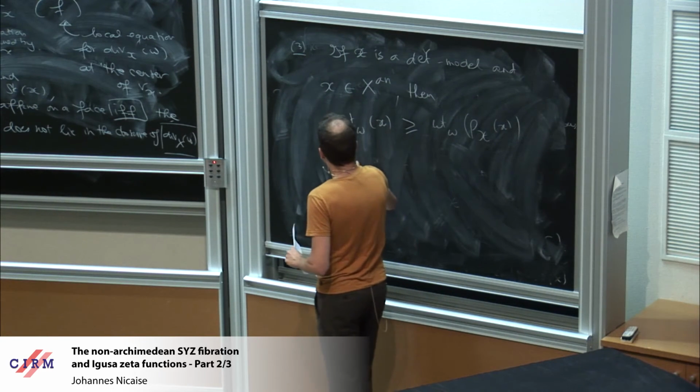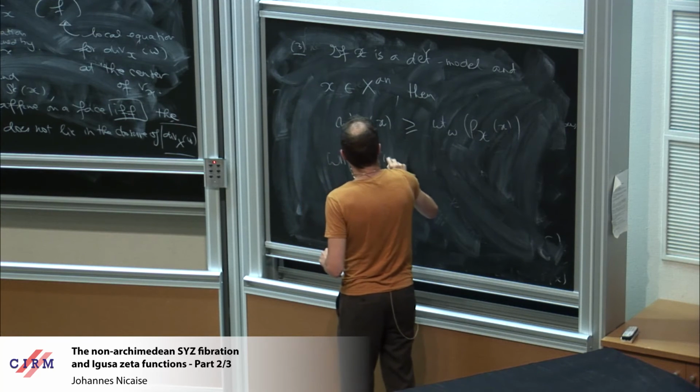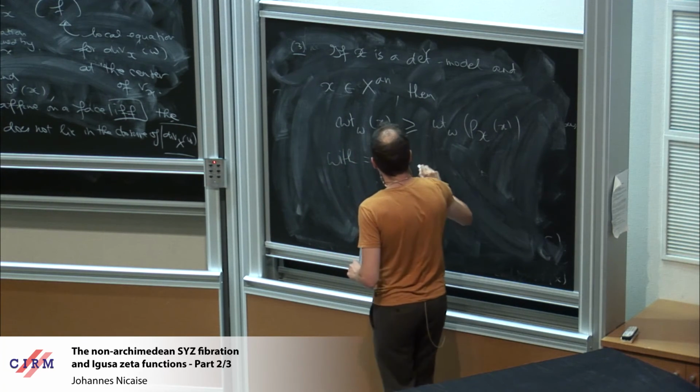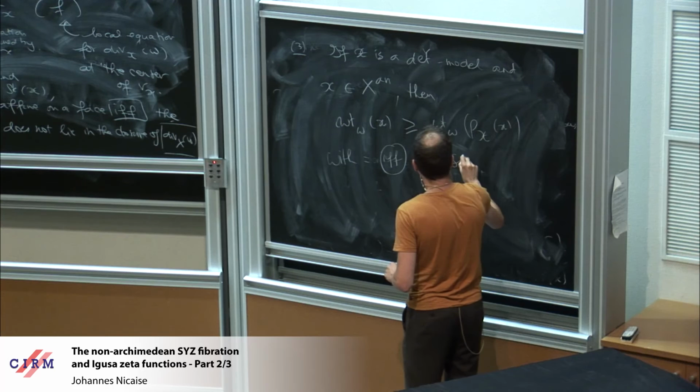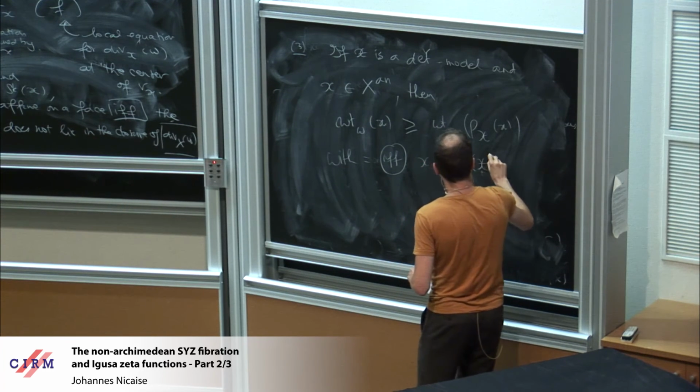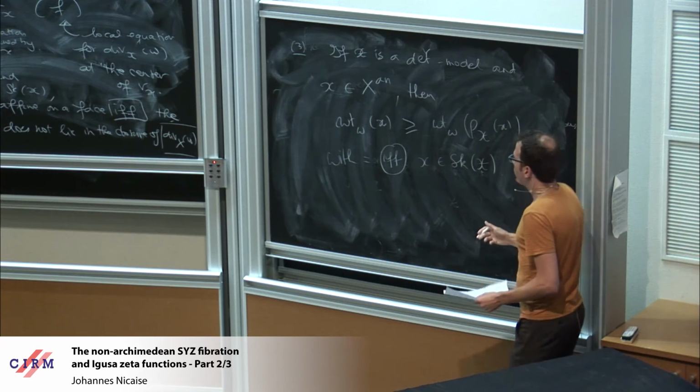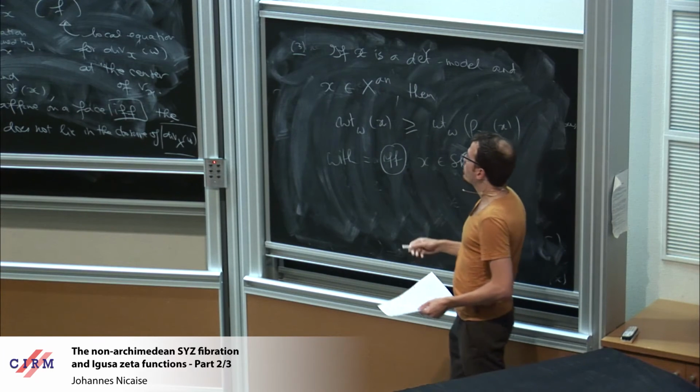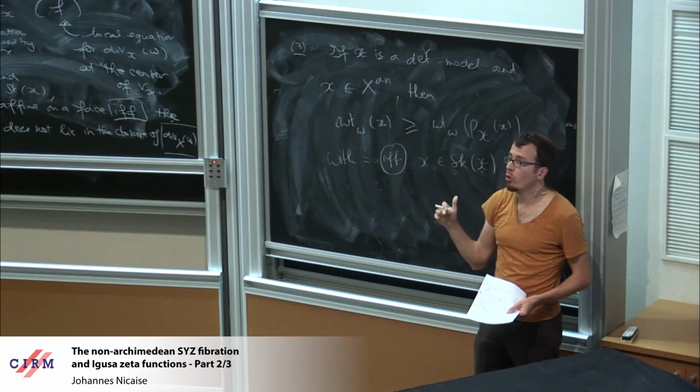And equality holds if and only if our point x lies already on the skeleton. So this means that if I start moving away from the skeleton of a DLT model, then the weight function will always be strictly increasing.